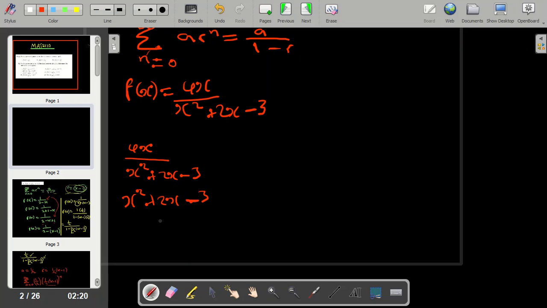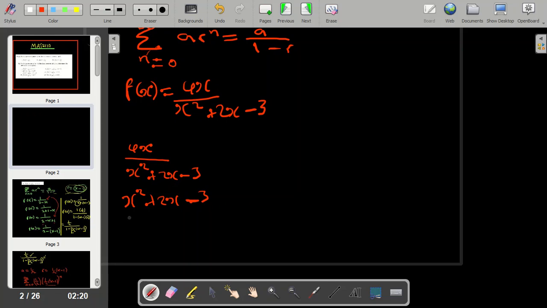The product will be negative 3 and the sum is positive 2. So what two numbers multiply to give us negative 3, and when we add them give us positive 2? Those numbers are negative 1 and positive 3.